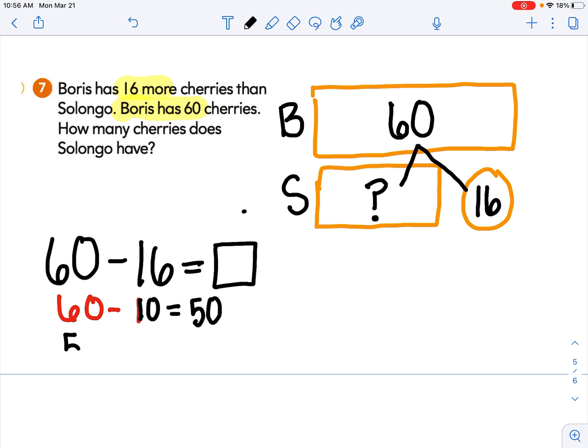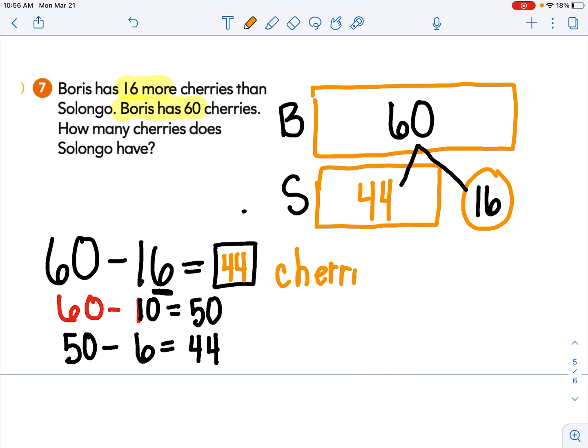And then I have to take 50 minus the last 6 that's left over, and that equals 44. So my final answer, how many cherries does Salango have? I figured out that he has 44 cherries. So I would make sure to write my label so it matches my story problem.